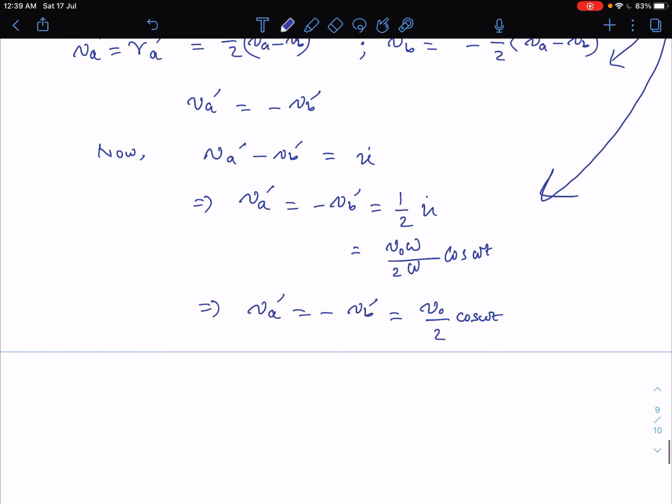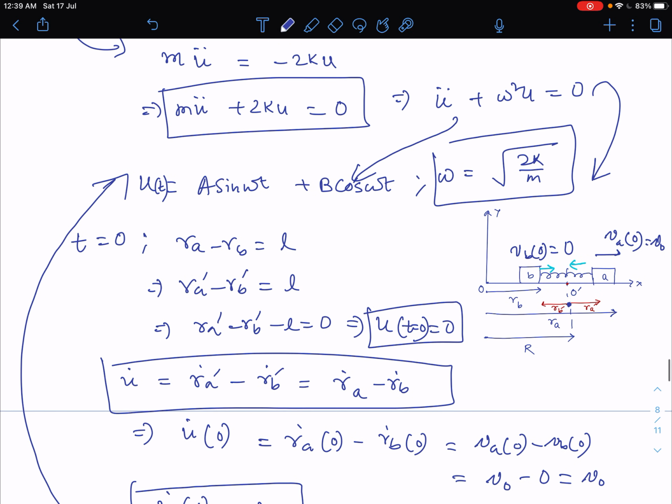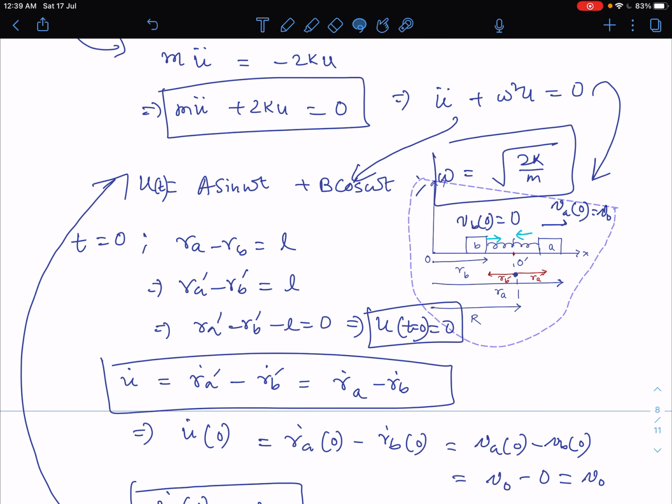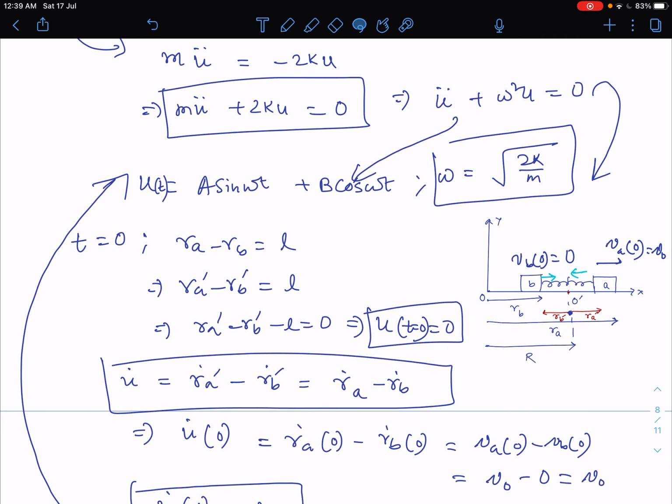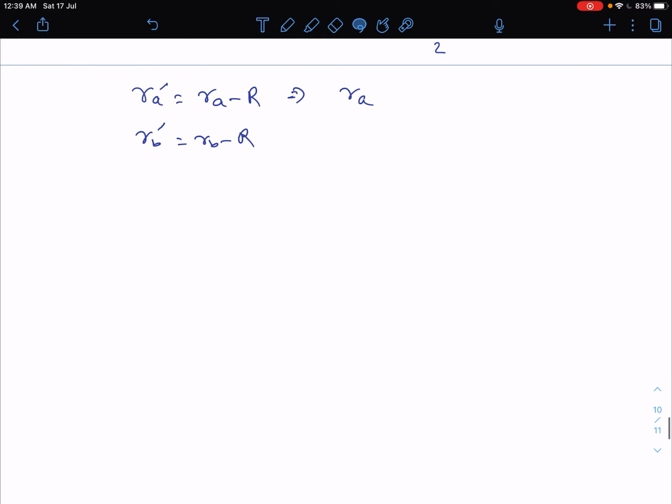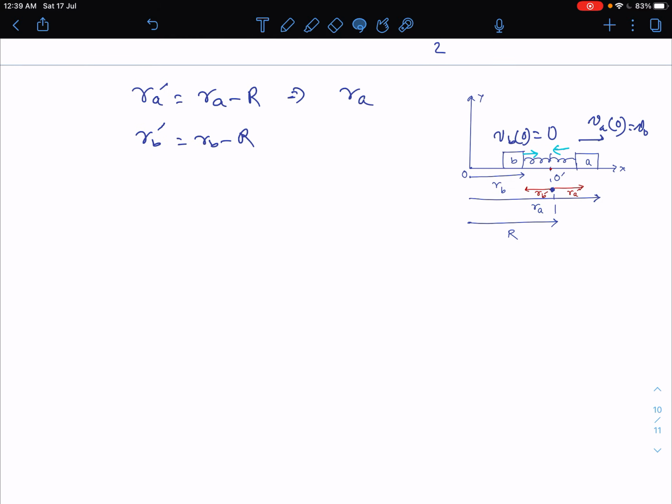So now the original coordinate, that is VA. Since RA prime is just RA minus R and RB prime is RB minus R, the original coordinate RA means the laboratory coordinate.